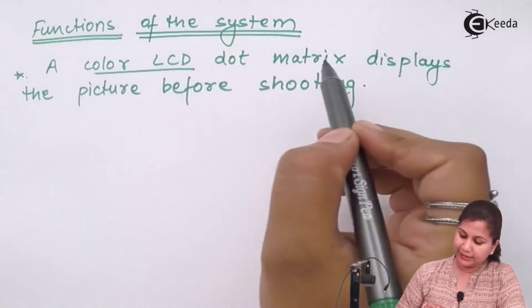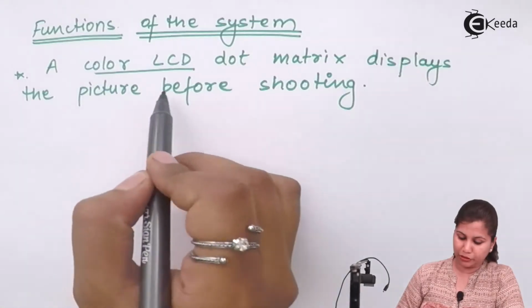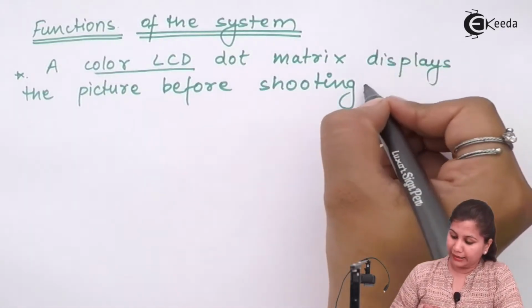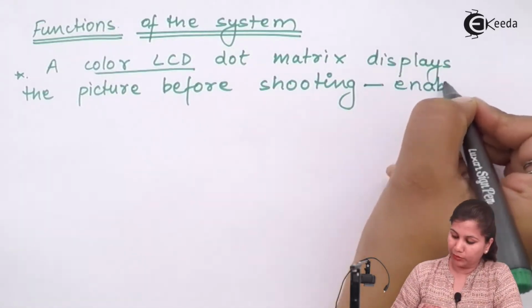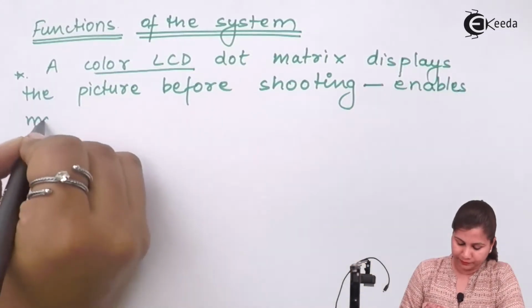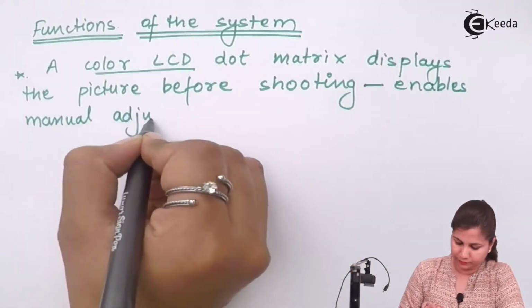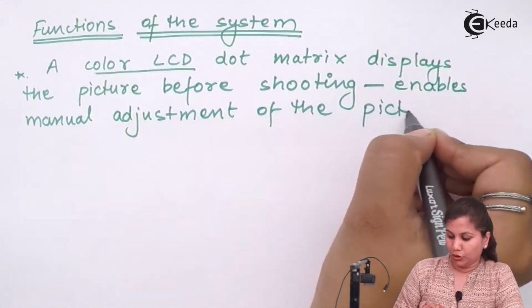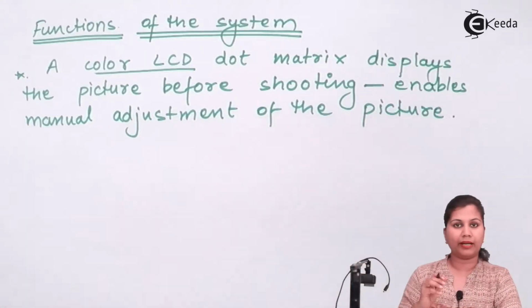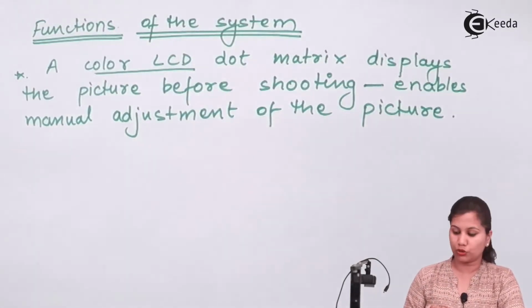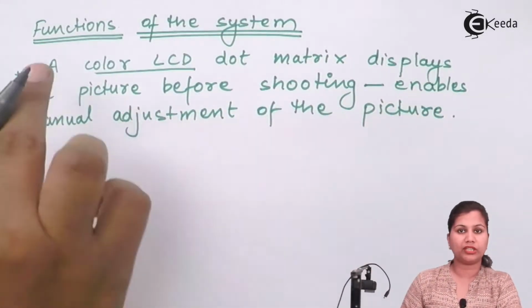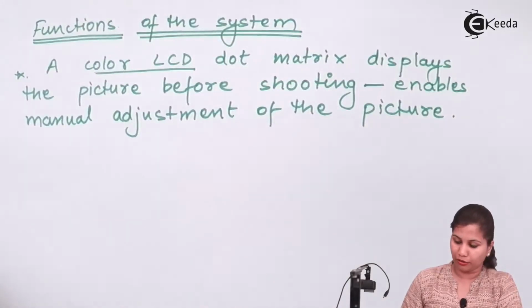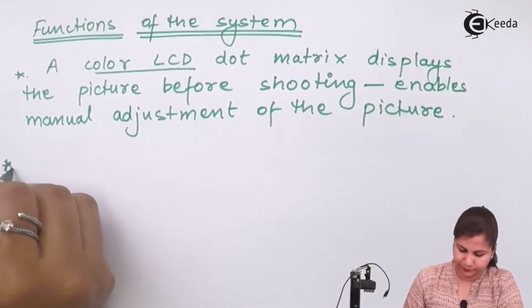So a color LCD dot matrix displays the picture before shooting, and it enables the manual adjustments. So the first step while taking the picture is to do the adjustments with the help of this LCD dot matrix display.